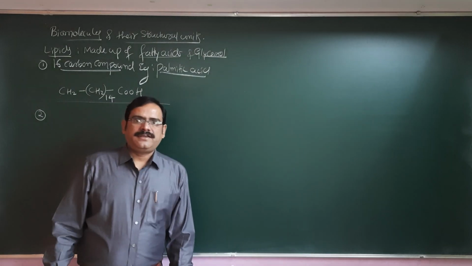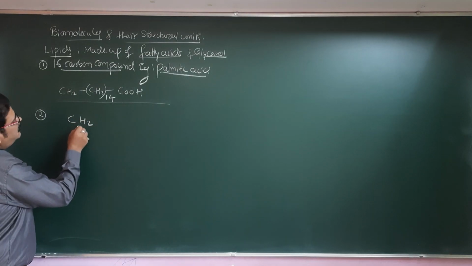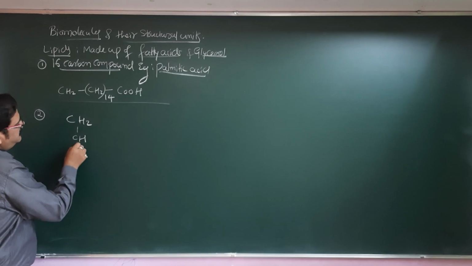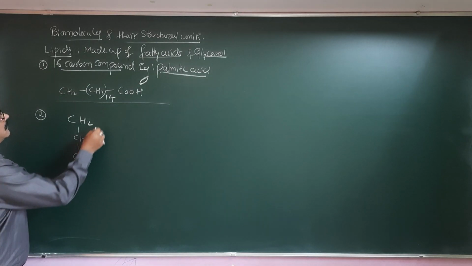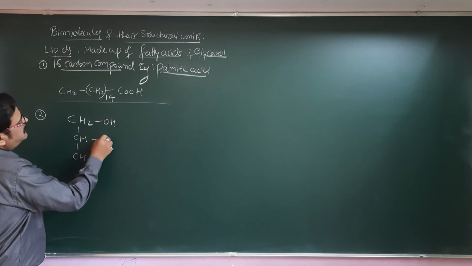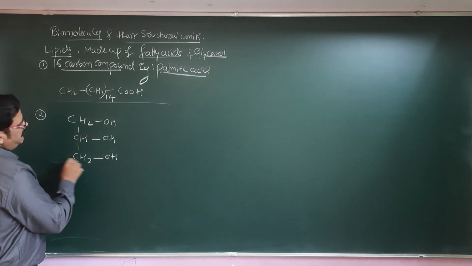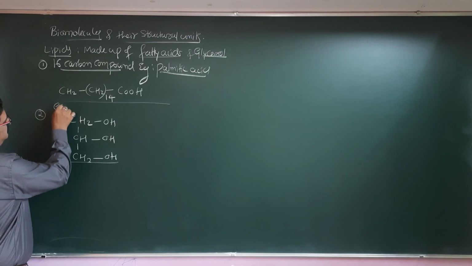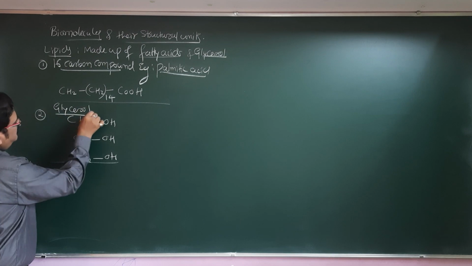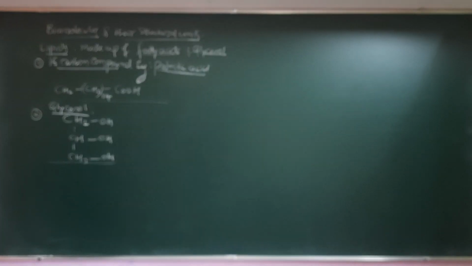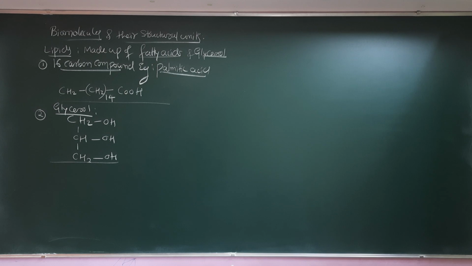It has CH2, CH and CH2, all of them with the OH group. This is the simple structure of glycerol. I hope the screen is very clear now. What you are observing is glycerol. This glycerol can be converted into triglyceride also.